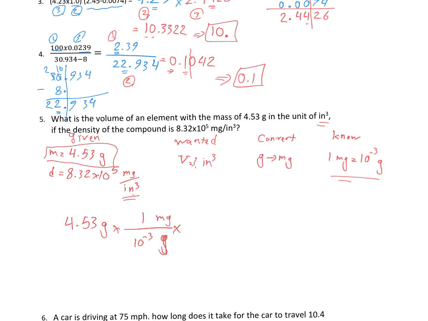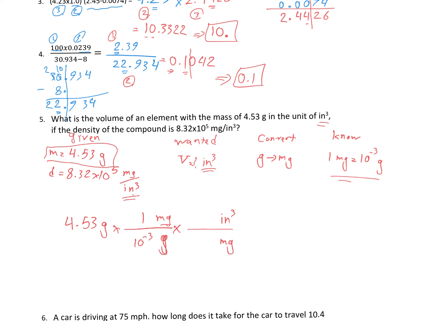So next step, convert, because what we want is cubic inch, okay? What we have is milligram so far, so I have to go from milligram to cubic inch. I have the milligram on top, so I have to put it on bottom to cancel it and have cubic inch here, okay?